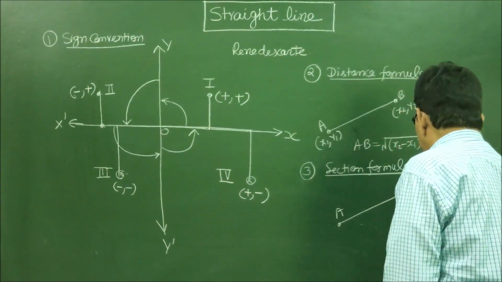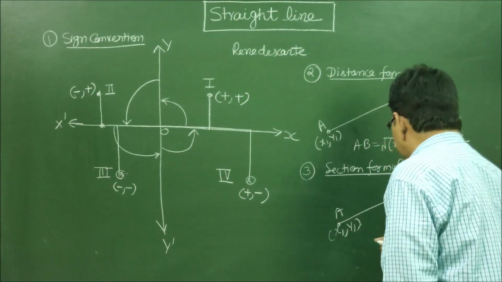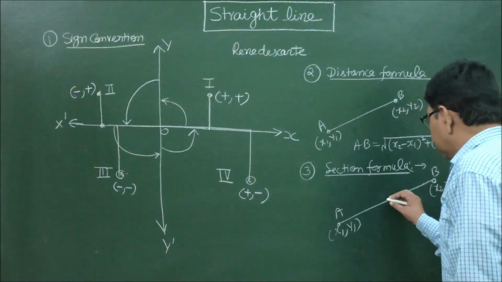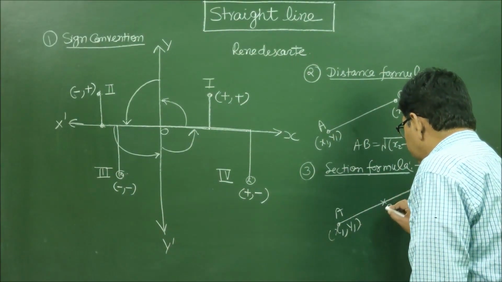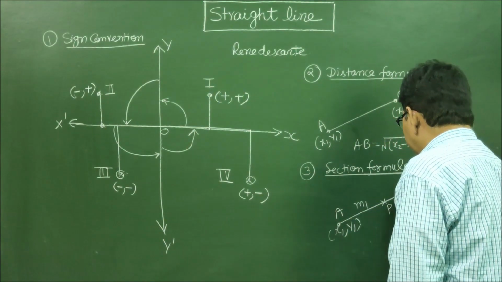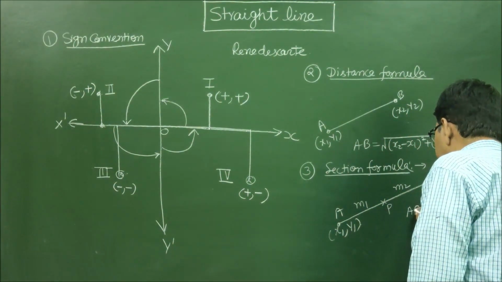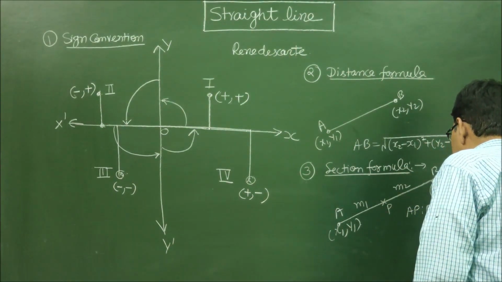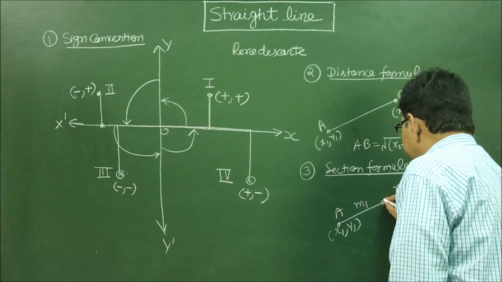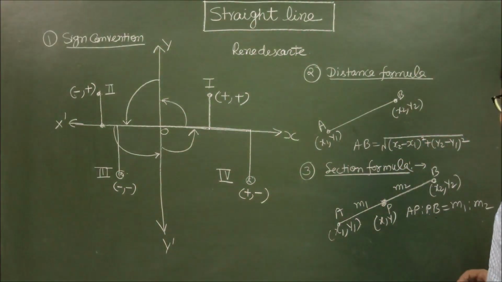A point has the coordinates x1, y1, B point has the coordinates x2, y2, and there is a point P which divides this line segment in the ratio m1 is to m2, that is AP:PB is equal to m1:m2. Then let the coordinates of point P be x, y.